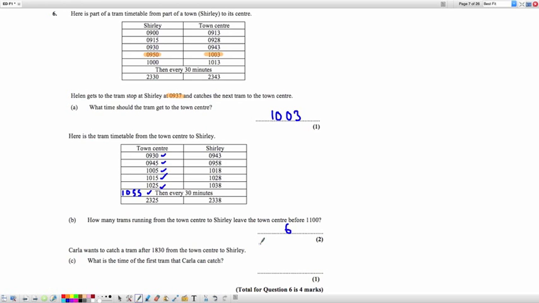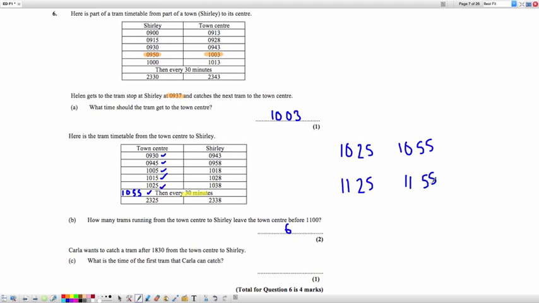Carla wants to catch a tram after 18:30 from the town centre to Shirley. What is the time of the first tram she can catch? So we don't have that in the timetable, but we're told just here that after 10:25 they leave every 30 minutes. So the next one, as we've already said, would then be 10:55. 30 minutes on from that will be 11:25. 30 minutes on, 11:55.